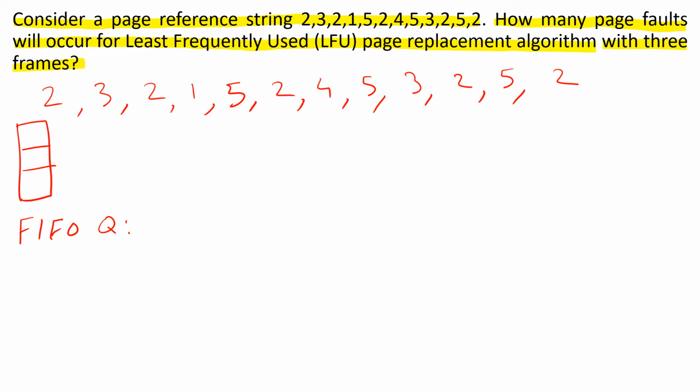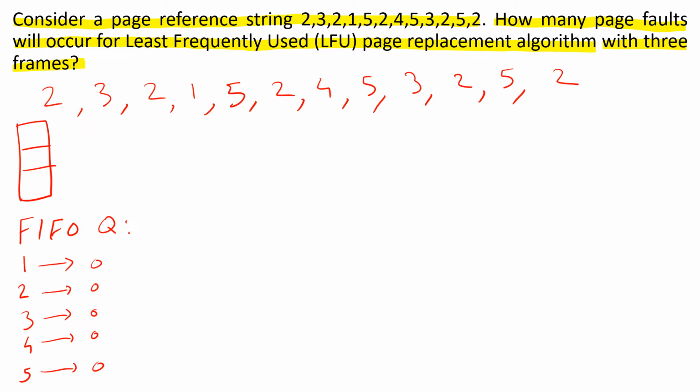Apart from that, the distinct pages are 1, 2, 3, 4 and 5, and currently none of the pages have been used, so the reference count for all these pages is 0.